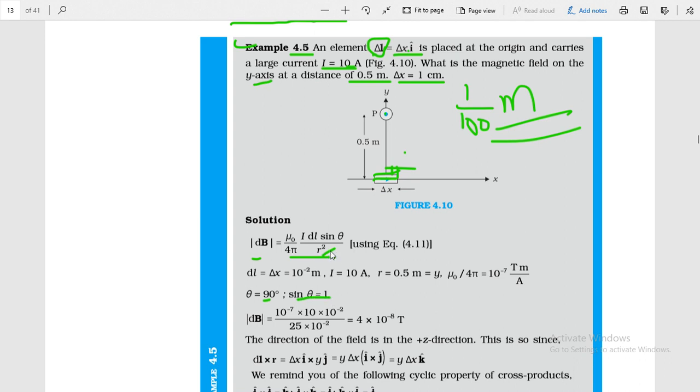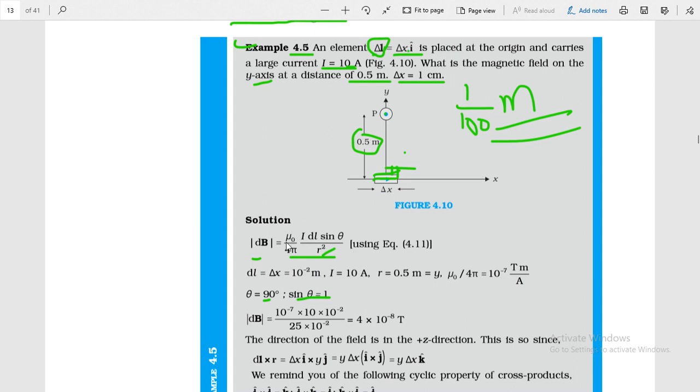Now the distance r from the element is given, and that is 0.5 meter. So all these quantities are given and the question is very easy. You can put the values of all these variables and you will get the answer.